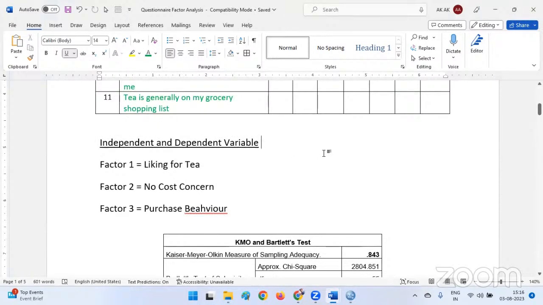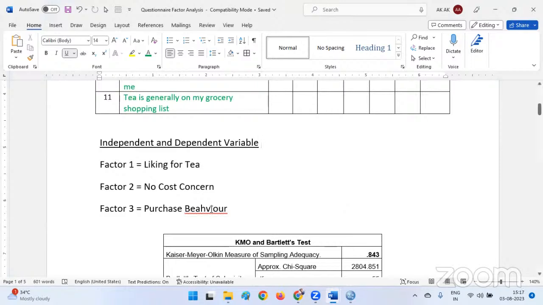Anybody who wants to try, who are in the meeting or listening to the session, which out of these should be the dependent variable and which should be the independent variable? Anybody? Okay, fine.